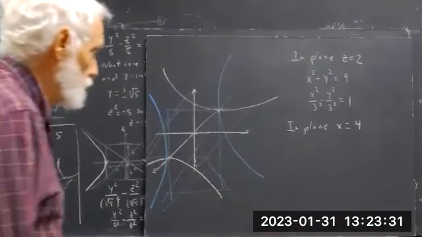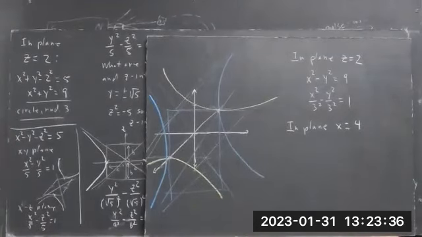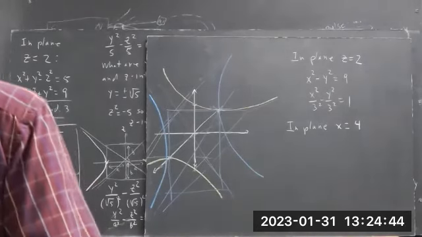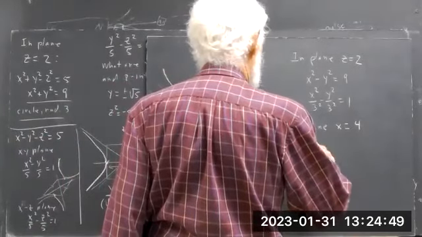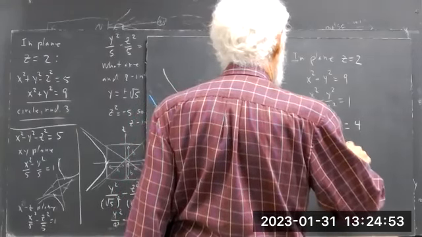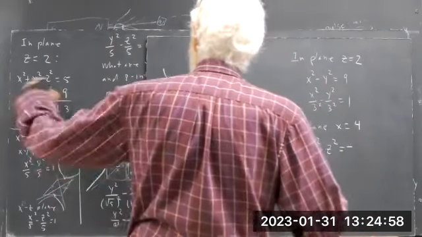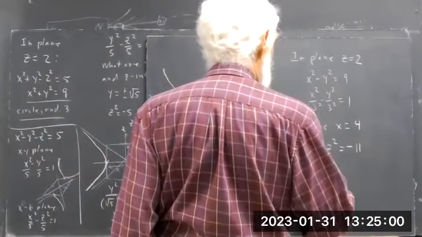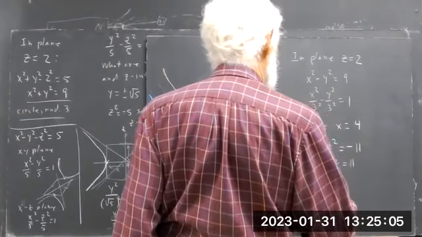What do we get in the plane X equals 4? The plane X equals 4, we're going to get 4 squared is 16. We're going to subtract 16 from both sides to get negative 11. It's the same as y squared plus z squared equals 11.